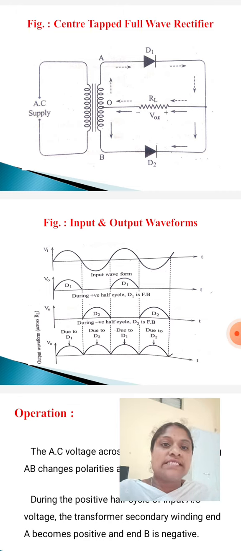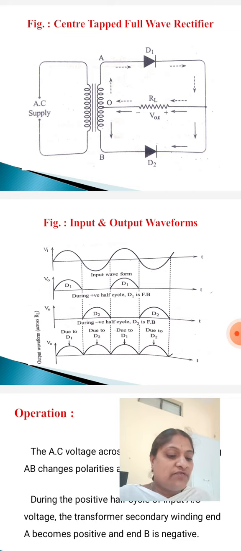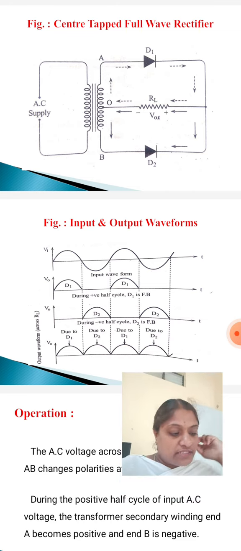Next, B is positive. Positive is connected to the anode of diode D2. Anode means positive, so positive is connected to positive. So diode D2 is forward biased, therefore D2 conducts. This is a closed loop. D1 does not conduct.